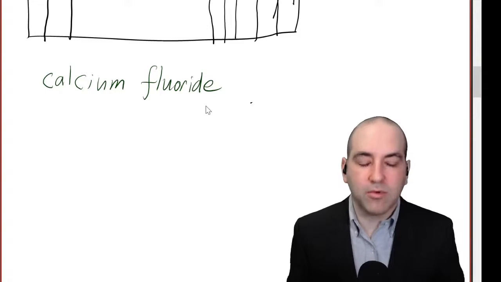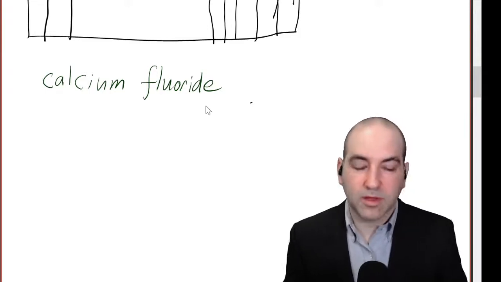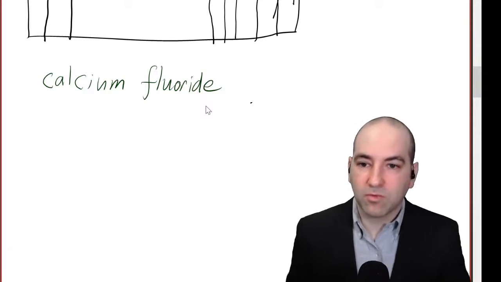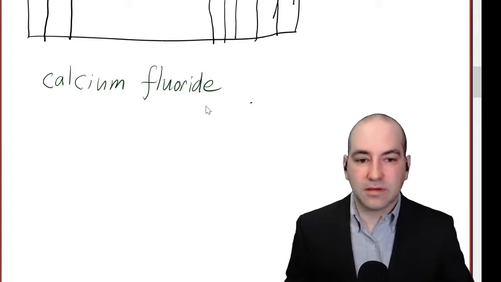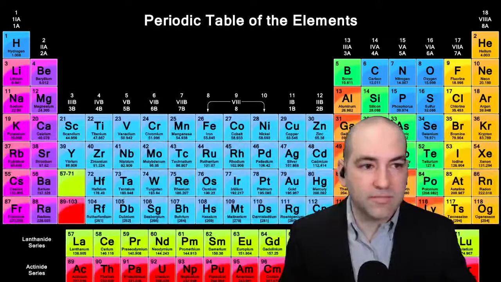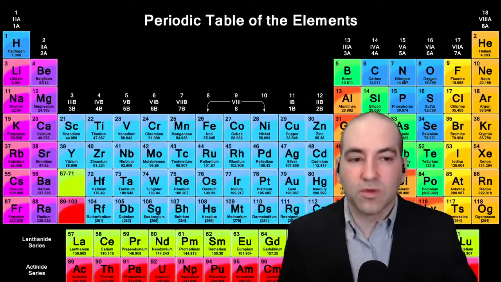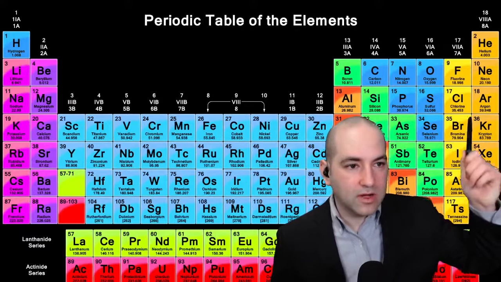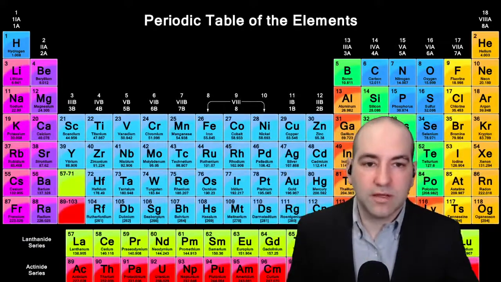So how do we come up with the correct chemical formula for calcium fluoride? Well, first step is just to get the atoms and get the symbols. So we look at the periodic table, we look up calcium and fluoride. Remember that anions get renamed. So we're not looking for fluoride, we're looking for fluorine. And it's right up here, number 9. And then calcium's over on the left here, number 20.